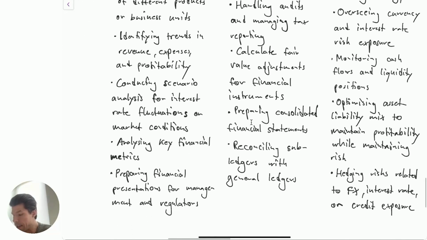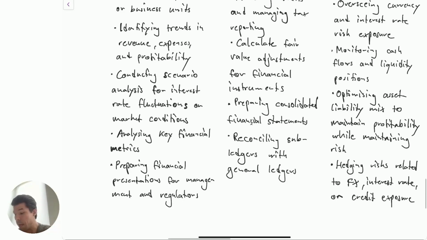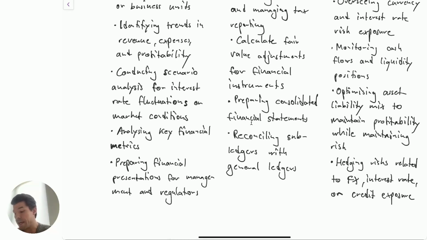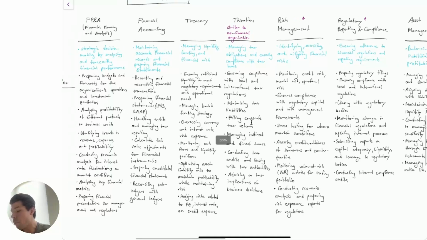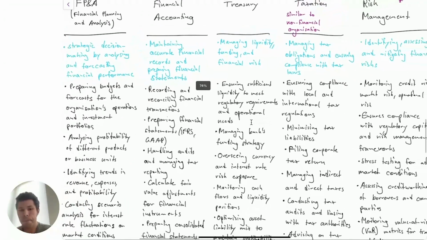It would also analyze key financial metrics. For sure, the financial metrics may be a bit different here. For example, return on equity would potentially be similar, but then net interest margin and so on. And then similarly, it would prepare financial presentations for management and certain regulators. If there are specific regulators, then the department would work together with the regulatory reporting and compliance function as well.